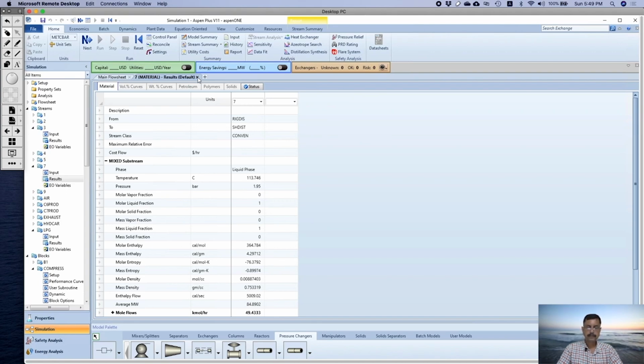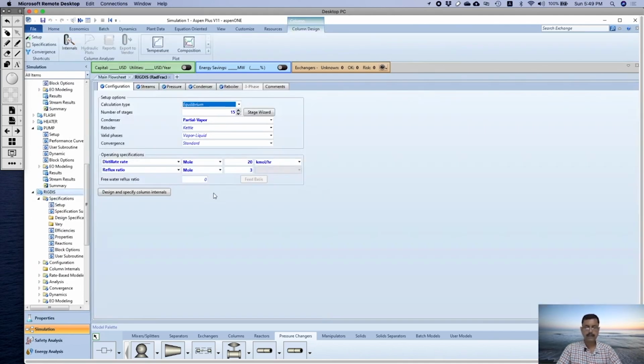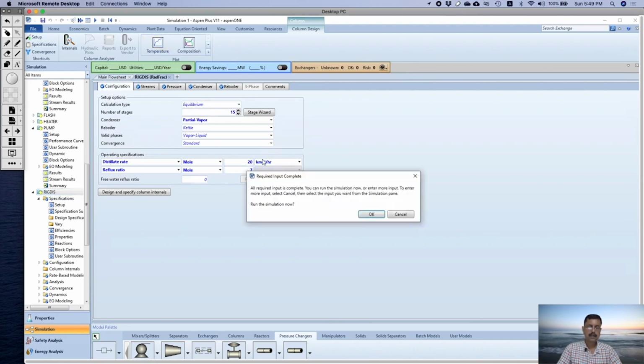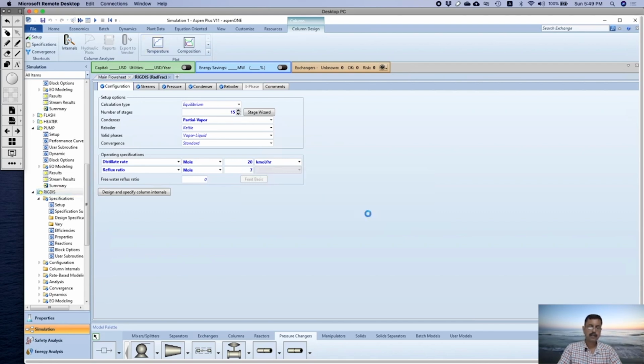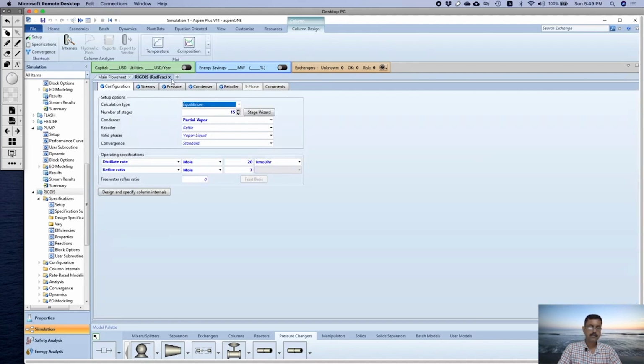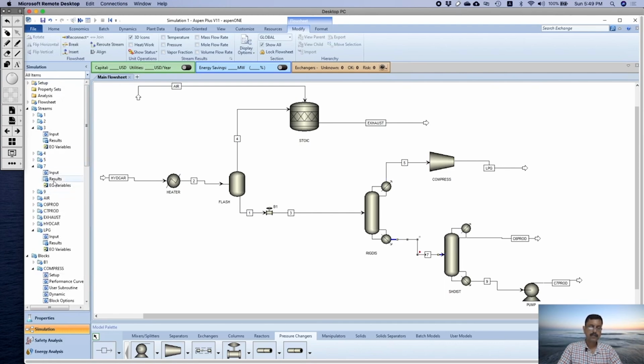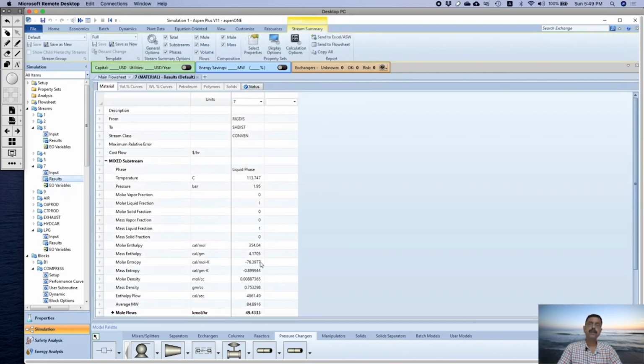So the opposite thing happens with, instead of 5, if it is 7, then if we run it and check stream number 7 results, from 358 it decreases to 354.